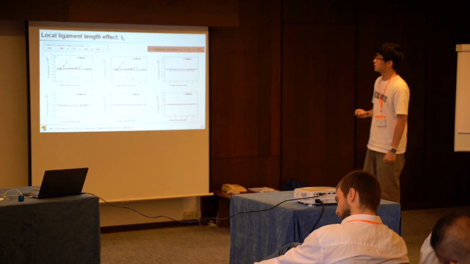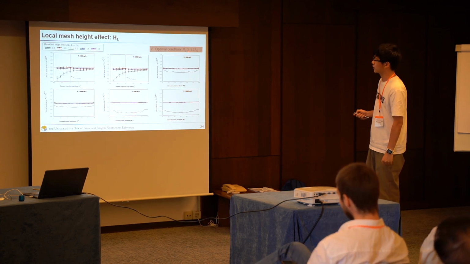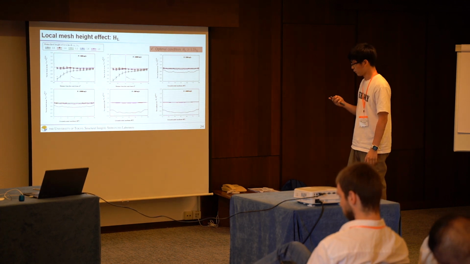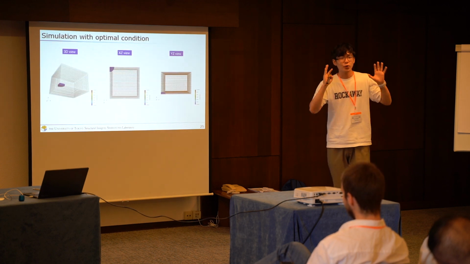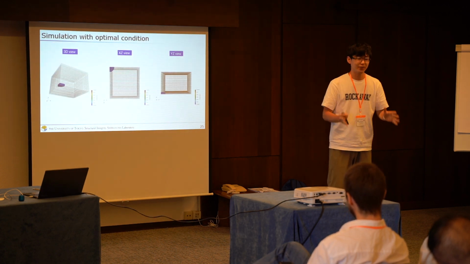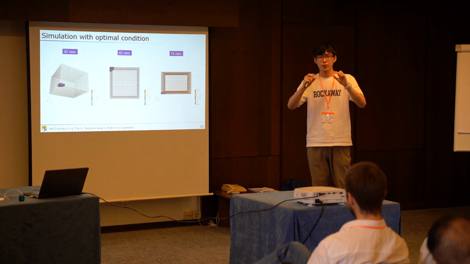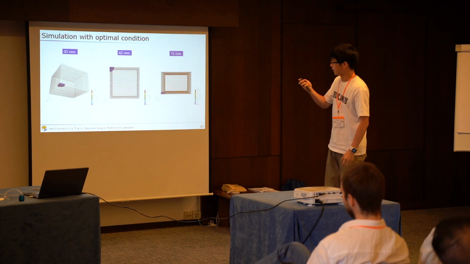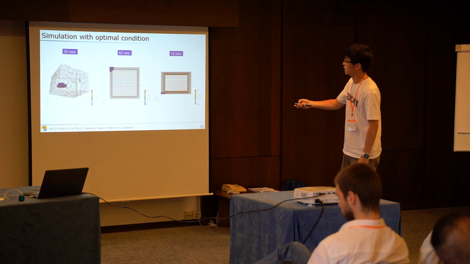Finally is the height of the local mesh, and from the result we can also find the optimal condition for the calculation. Because we want to reduce the numerical cost as much as possible, all the optimal conditions should be chosen as the smallest one, and these are the simulated results based on the optimal conditions.